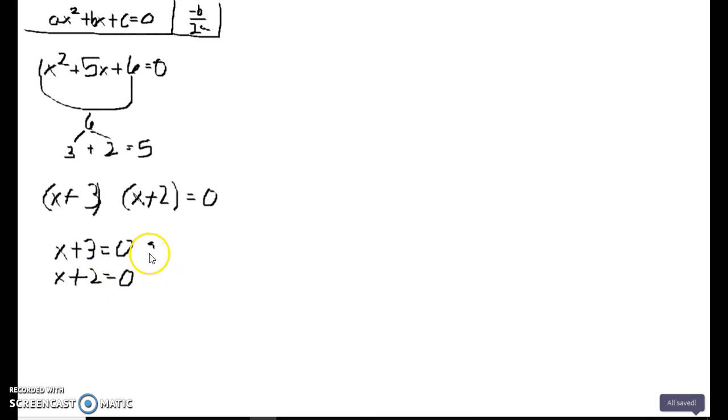Now, solving for x, subtract 3 from both sides, and we will get x is equal to negative 3. Now, if we want to solve the second one, subtract 2 from both sides, and we'll get x is equal to negative 2.